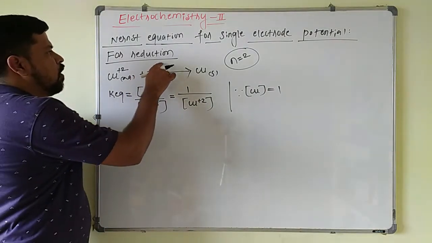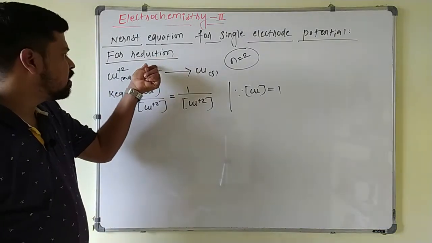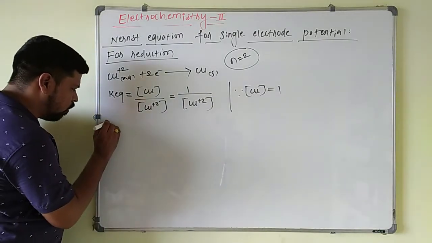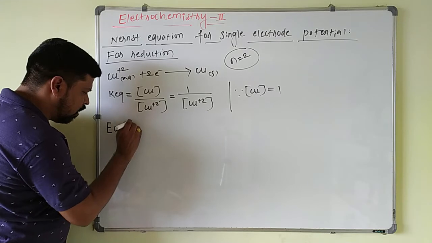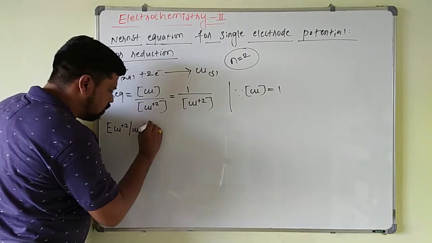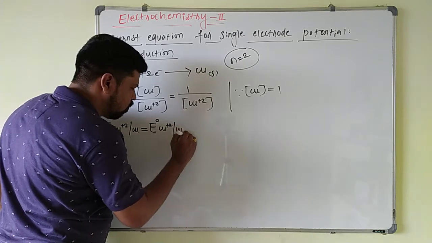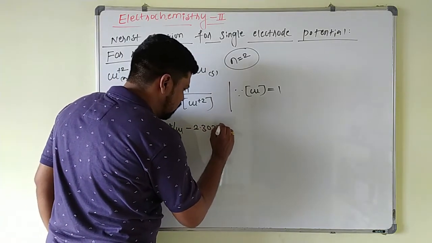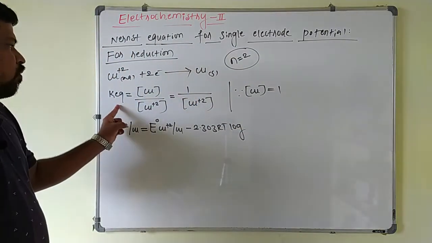Now if you want to write the Nernst equation for the reduction potential of copper, copper is undergoing reduction, so here the reduction potential is calculated. That will be: reduction potential of copper is equal to standard reduction potential of copper minus 2.303 RT log of, what is K equilibrium here?